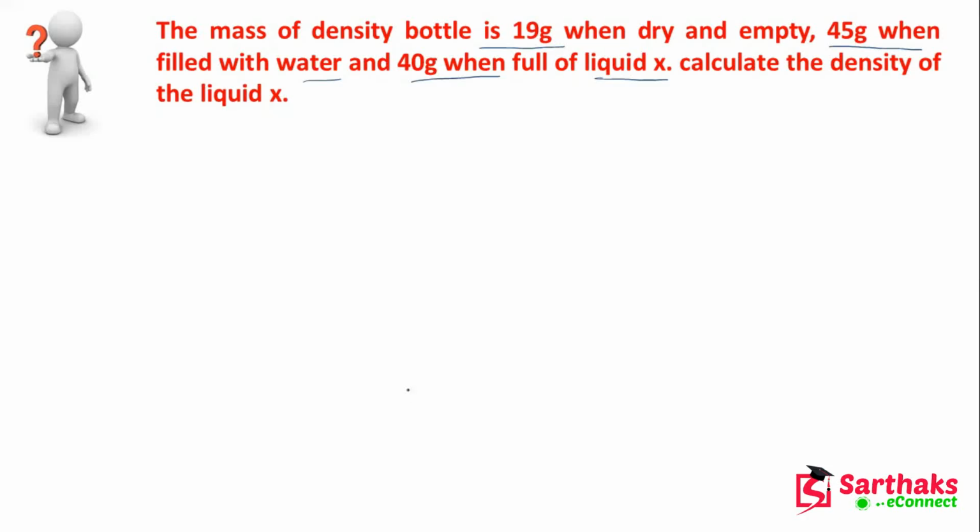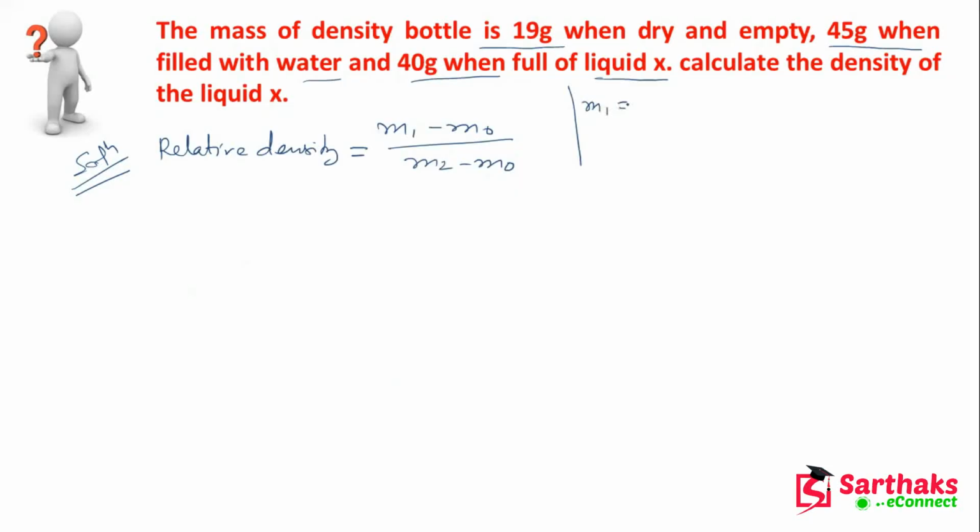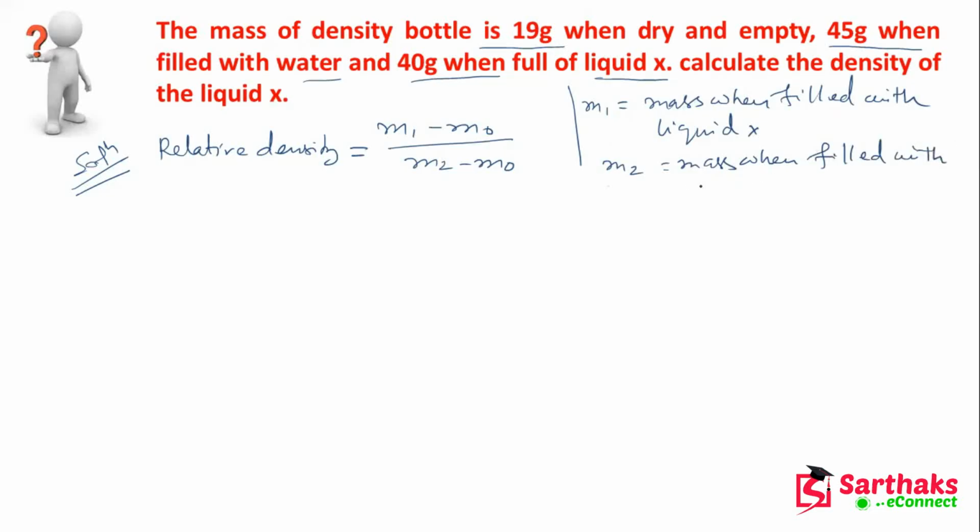Calculate the density of the liquid X. Relative density is M1 minus M0 divided by M2 minus M0, where M1 is the mass when filled with liquid X, and M2 is the mass when filled with water.